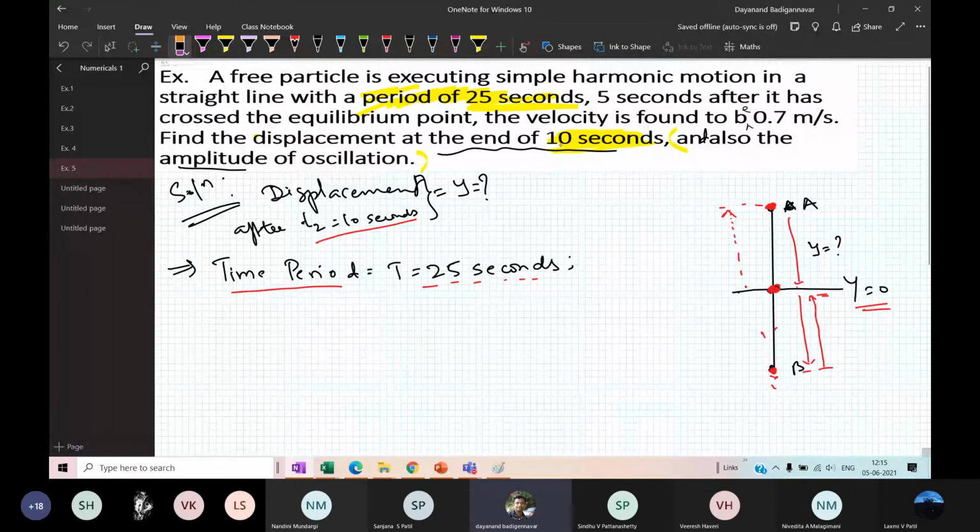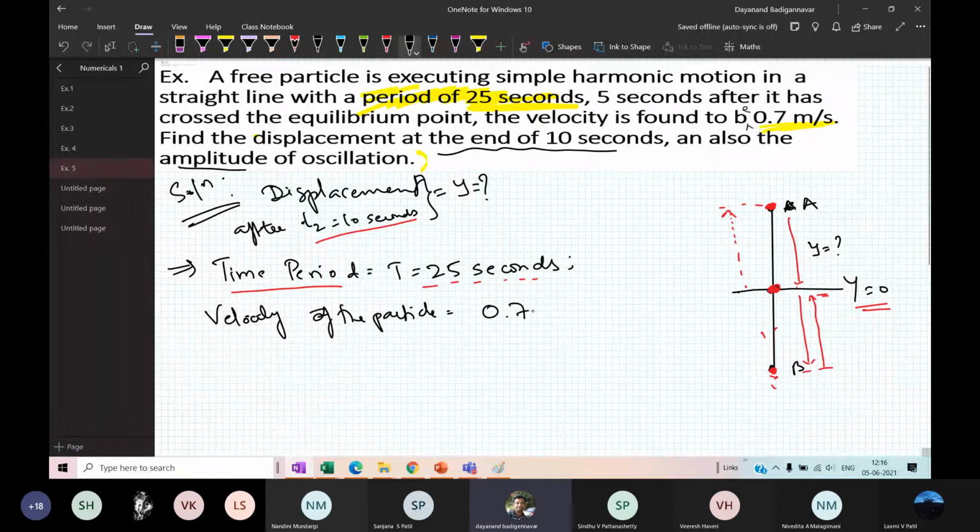The velocity of the particle is equal to 0.7 meters per second. I will take it as v, 0.7 meters per second.